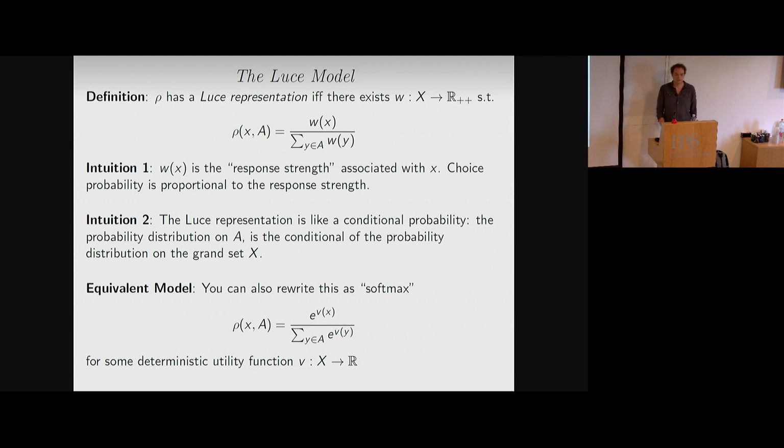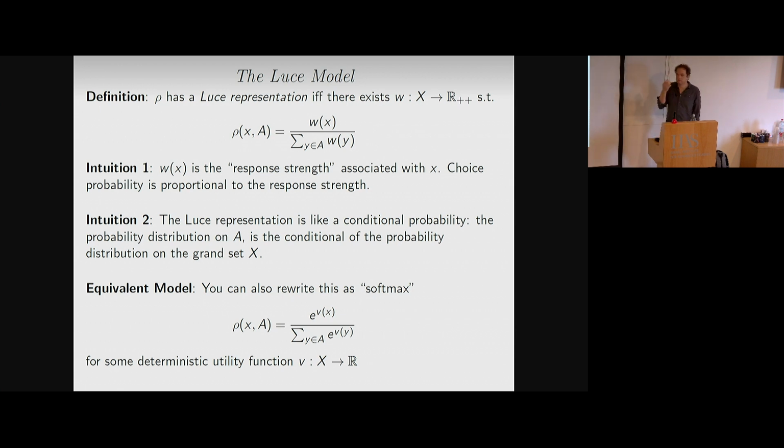That's Luce's model. And what's the interpretation? One interpretation is, I don't really know what this means, but W is sort of the response strength, and choice is proportional to that.